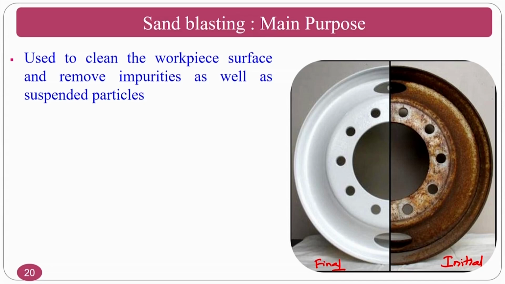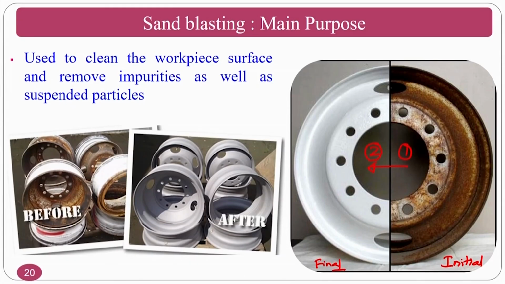Sand blasting can reach the nook and corner of this rim, and it will strip off the rusted portion, and you transform from a rusted state to a very good state, or you can generate a virgin type of look on the rim that is rusted. You can also see this is initial and this is final.